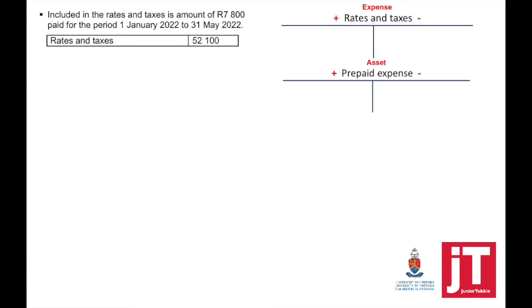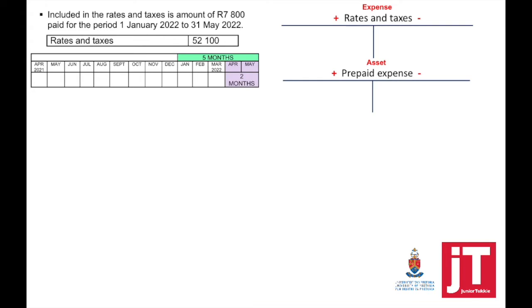Included in the rates and taxes is an amount of 7,800 paid for the period 1 January until 31 May 2022. Rates and taxes is an expense. We have paid the rates and taxes from the 1st of January until the 31st of May 2022. That is 5 months.